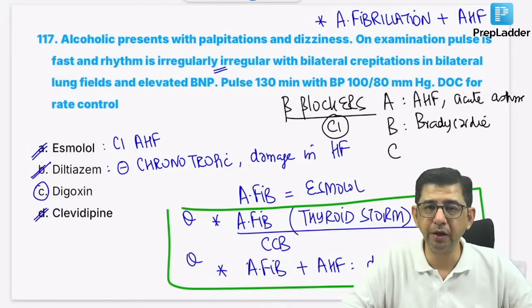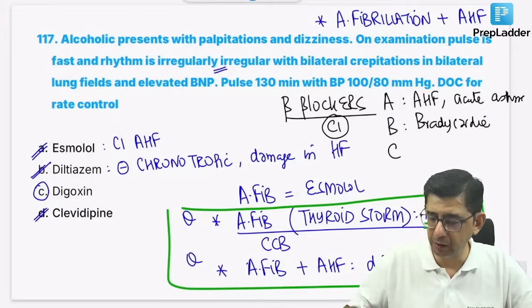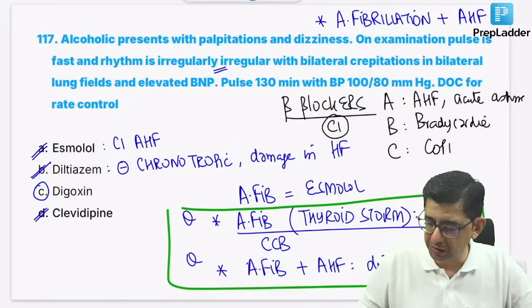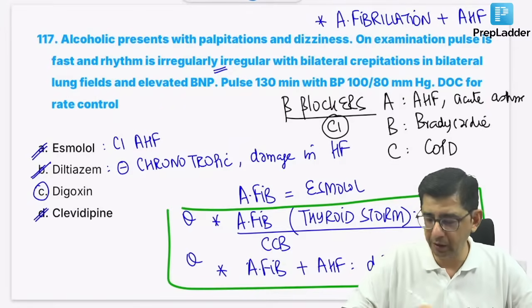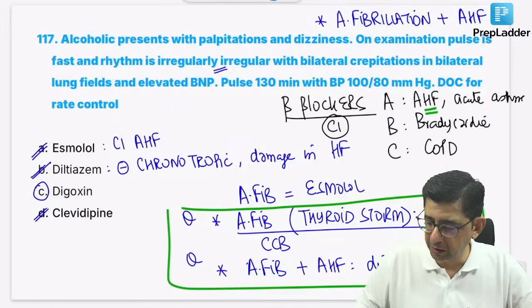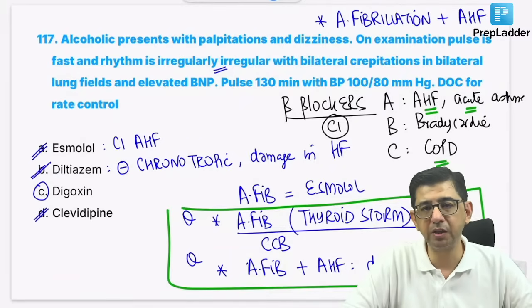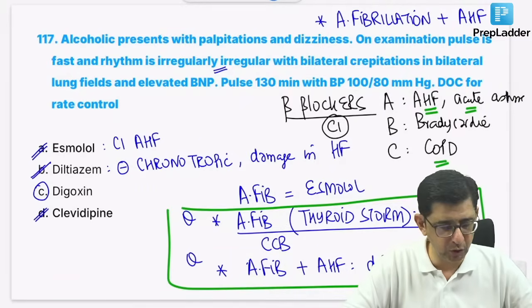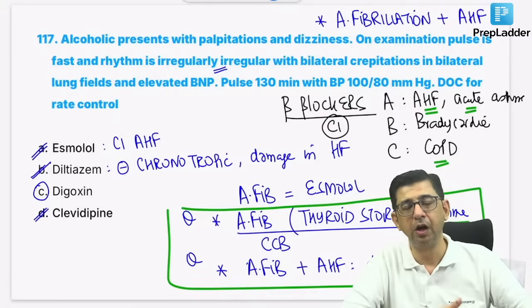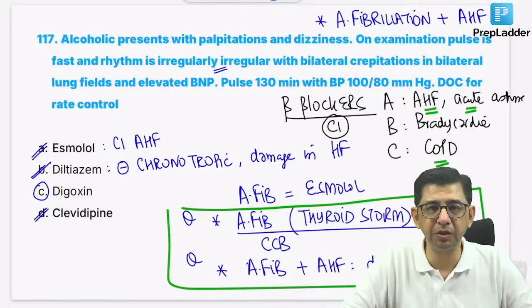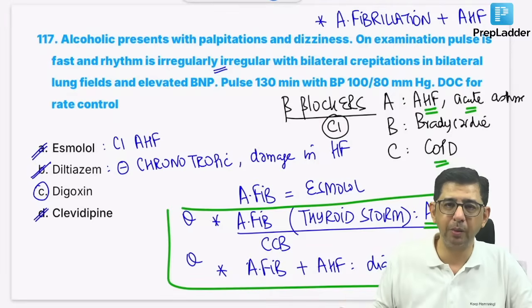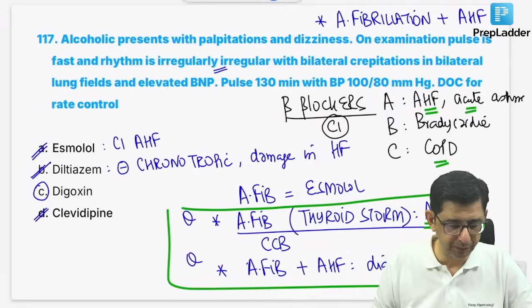So the trick is he could mention beta blockers' contraindication, and then C can be COPD. Because we're talking about tachyarrhythmia in a patient, it is unlikely that B would be there. But acute heart failure, acute asthma, and COPD are the common contraindications to beta blockers that I want to bring to your attention. Obviously, bradycardia or heart block would not come in the discussion because we're talking about a tachyarrhythmia.